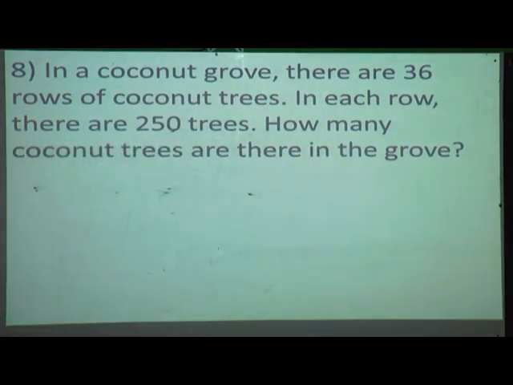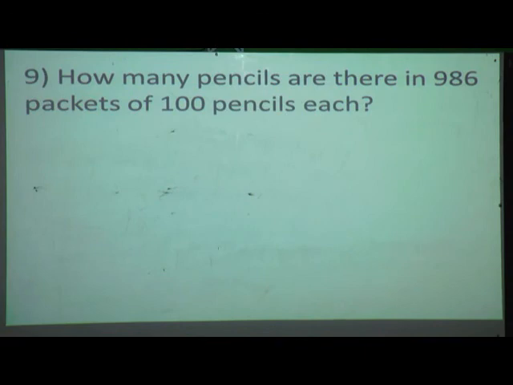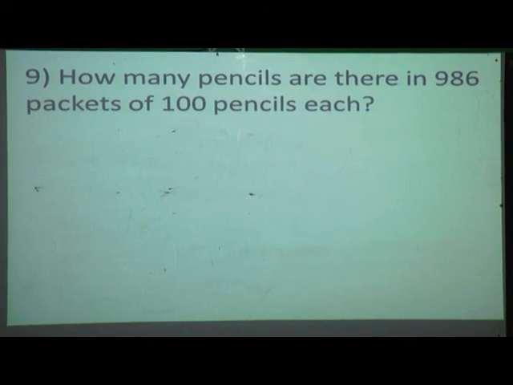Now the next is how many pencils are there in 986 packets of 100 pencils each. Now see students, this is very easy. Only I will explain; you have to solve by your own. How many packets are there? There are 986 packets and in each packet there are 100 pencils.